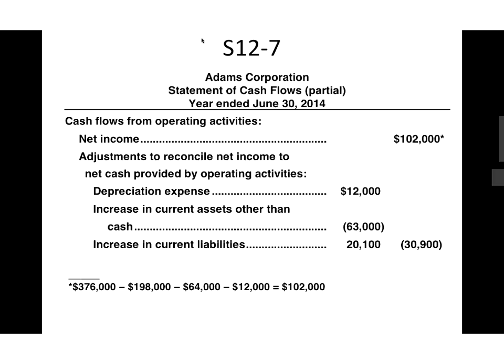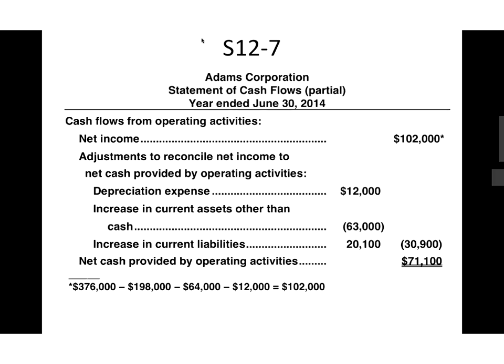Just refer to the reference sheet and locate increase in current assets. It'll tell you to subtract it. The increase in current liabilities, it'll tell you to add it, and that's all we're doing here. So I've taken the $12,000 depreciation expense, the minus $63,000, and the $20,100, added that together, and I get minus $30,900.